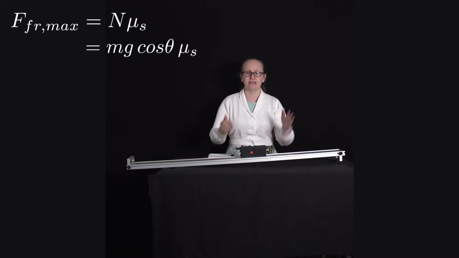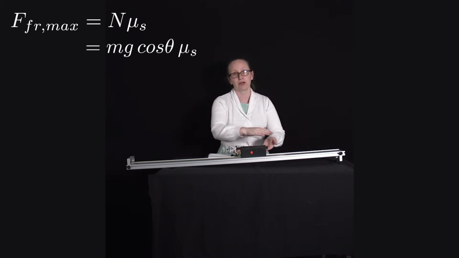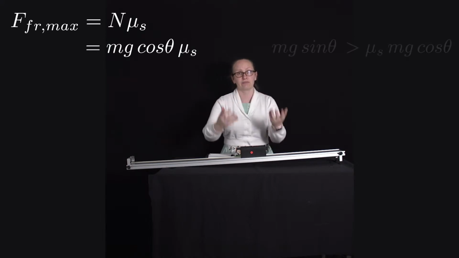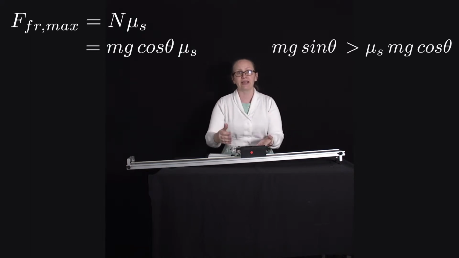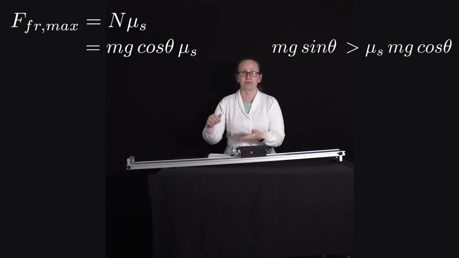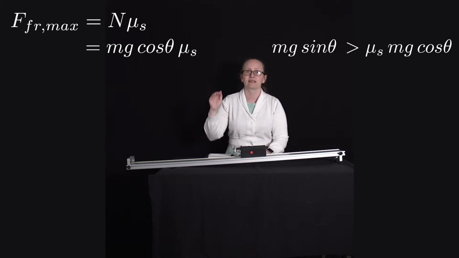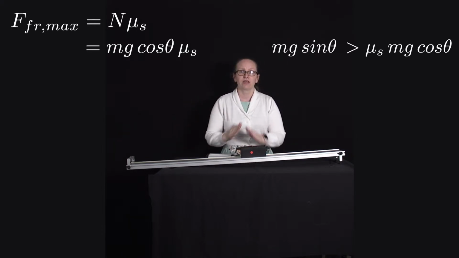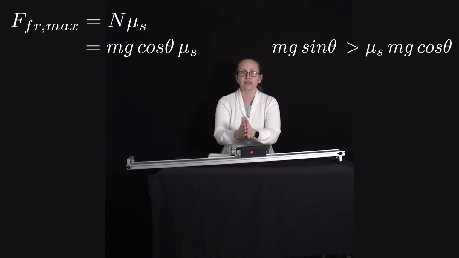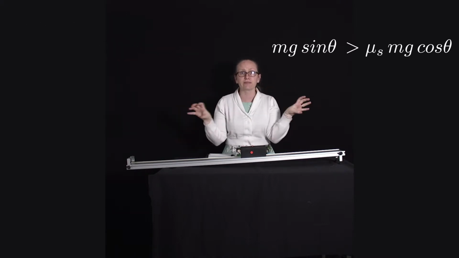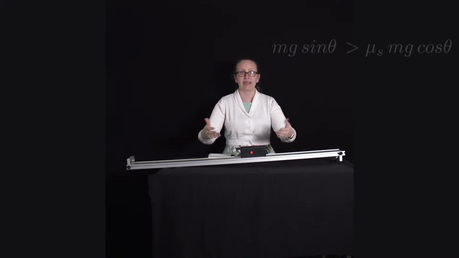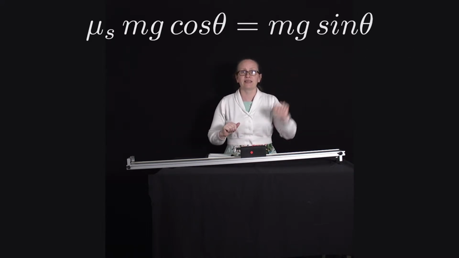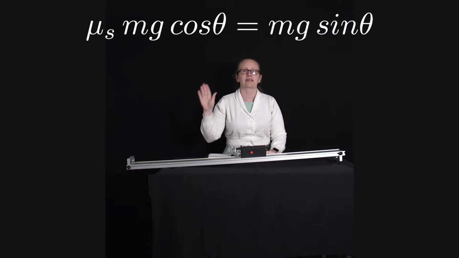So we need our component of the weight force down the plane, mg sine theta, to be greater than that maximum possible frictional force, μs times mg cos theta. So the angle at which this starts to happen is going to be when these two expressions are exactly equal to each other. So we can find the angle at which mg sine theta is equal to μs times mg cos theta.